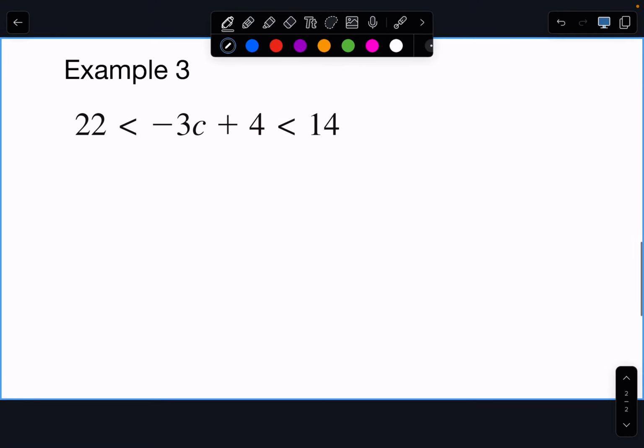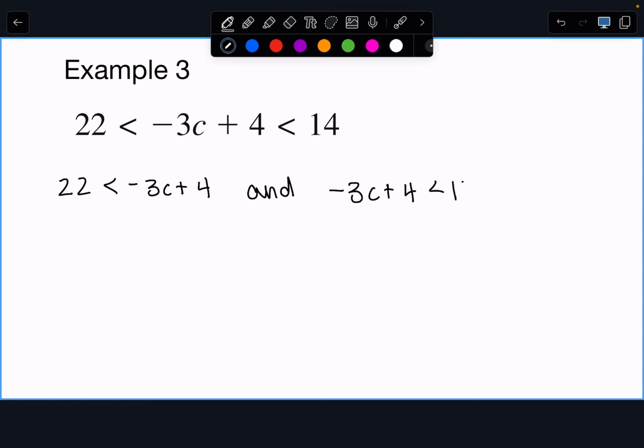All right, let's do one more. Example 3 on the back. Okay. So here, this is one where we have 22 is less than -3c plus 4, and -3c plus 4 is less than 14. So let's go ahead and solve both of these inequalities. Okay, so I'll do orange for this first one.